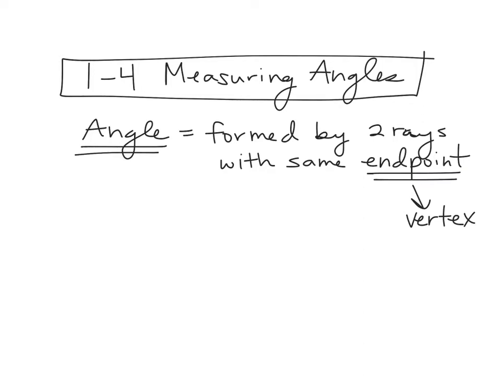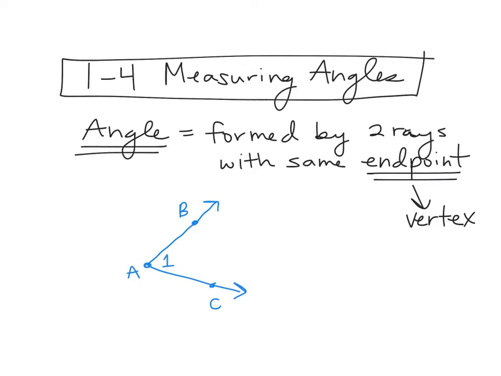And then it will look something like this, and then we'll talk about some different parts as well. Let's say we have a point B here, point A, point C, and there's a 1 right here. Okay, this is considered an angle. We have two rays. They meet at what point?